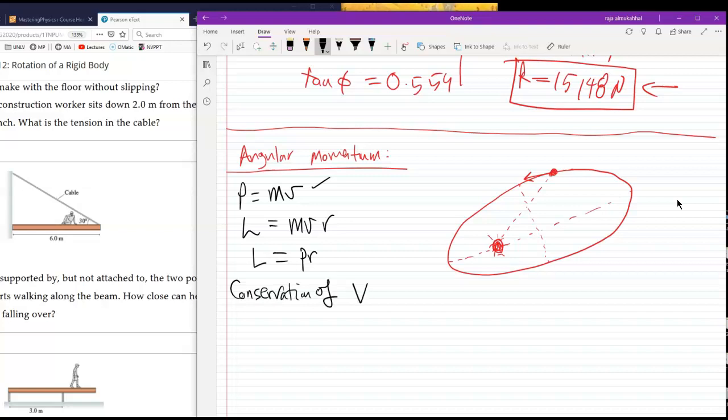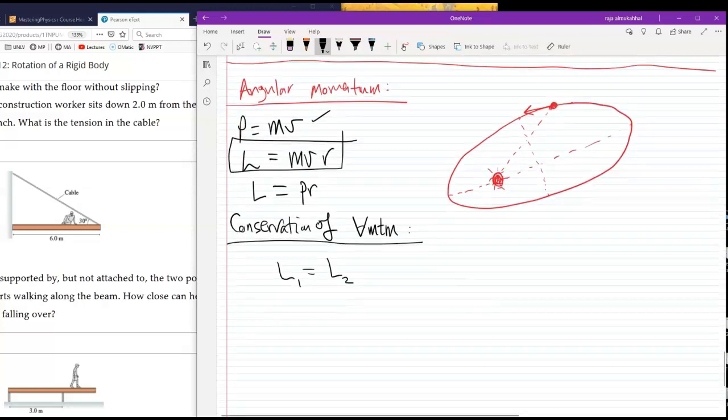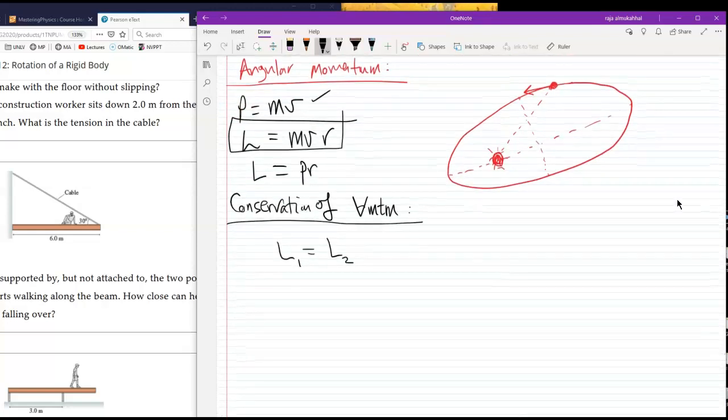I like to write it this way, that's my symbol for it. The conservation of angular momentum is basically this: mvr is L1 equals L2. What that means is m v1 r1 is equal to m v2 r2.